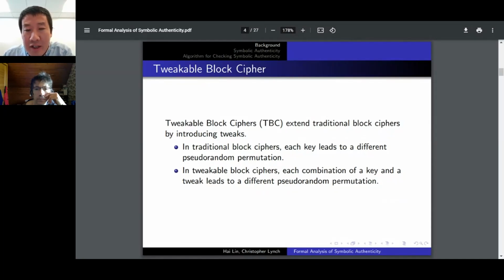So now each combination of a key and a tweak leads to a different pseudorandom permutation. So in other words, if you want a different pseudorandom permutation, you can reuse the same key as long as you use a different tweak. So the tweak doesn't have to be secret. It just has to be different each time.